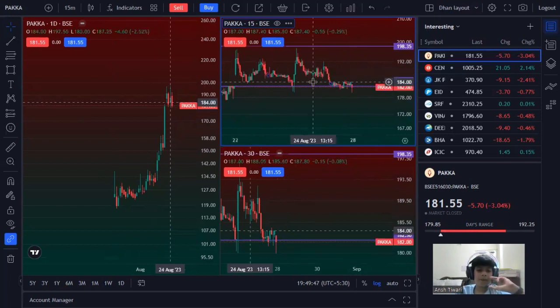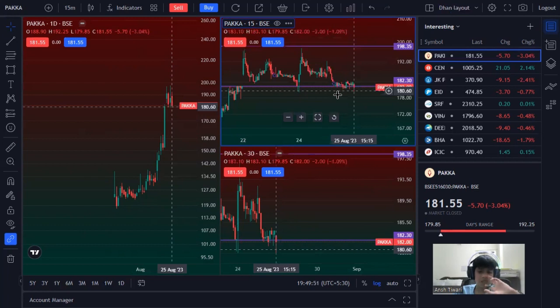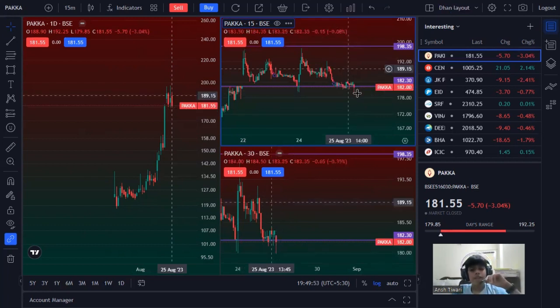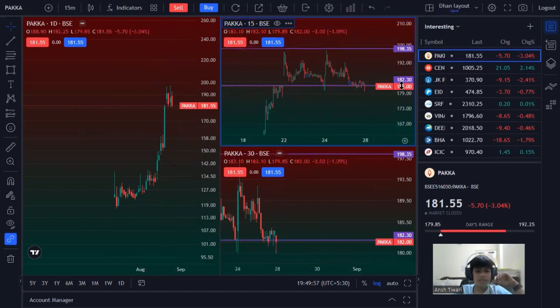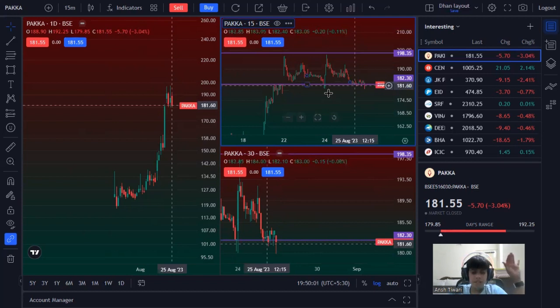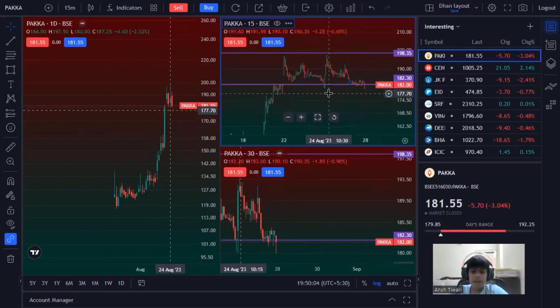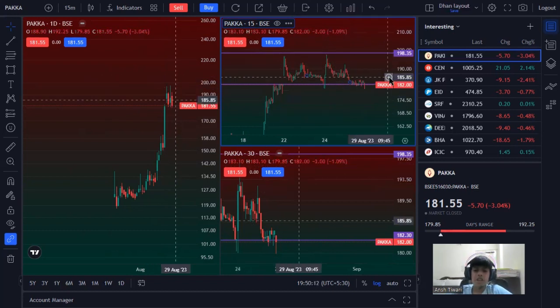So the markets have been stuck in the middle part of the stock. The markets look like they are going downwards currently, but we cannot say that until they give a confirmed breakout or breakdown. So right now we can just wait for it to actually break this range.